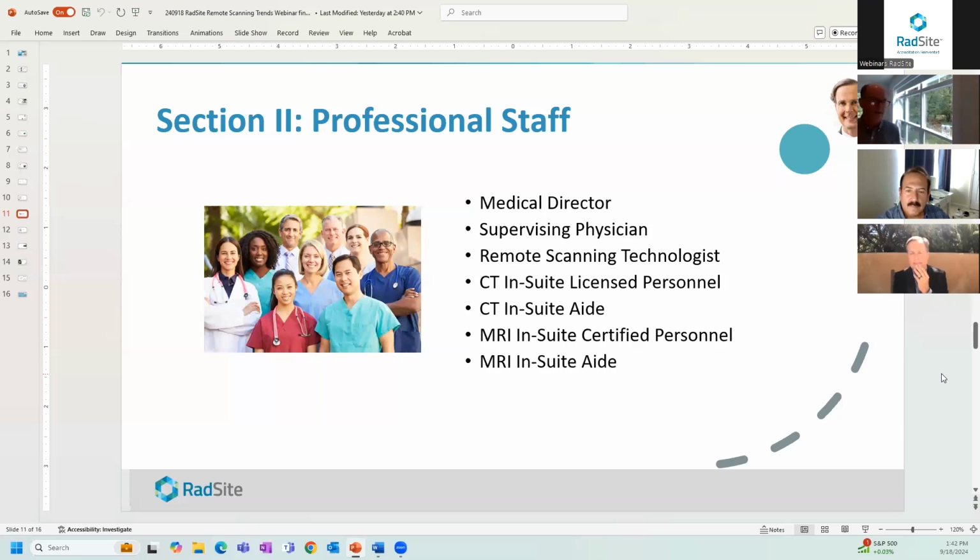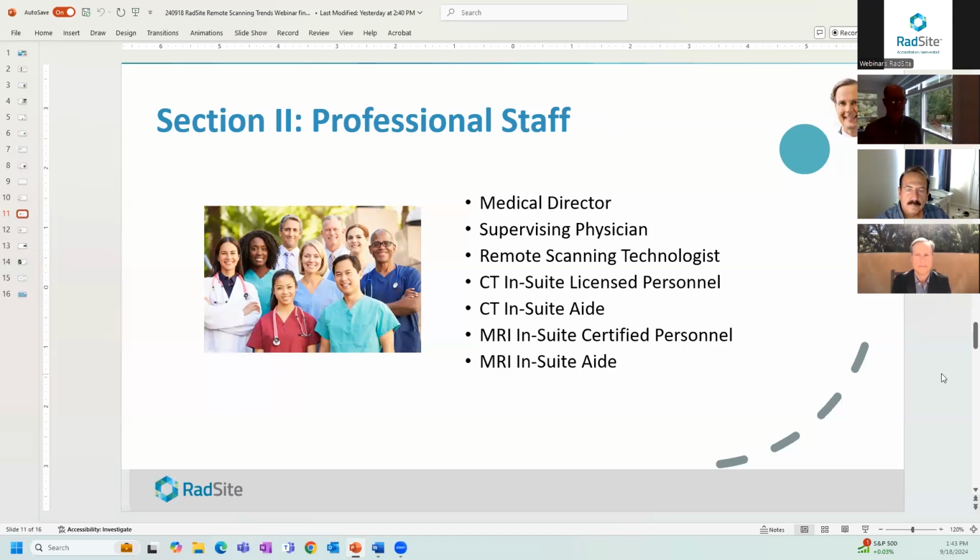Yeah, I think I can chime in a little bit. So there are basically two potential types of in-suite positions for each modality. The in-suite licensed personnel for CT, or in-suite certified personnel, is someone who has some sort of tech credentials or training.